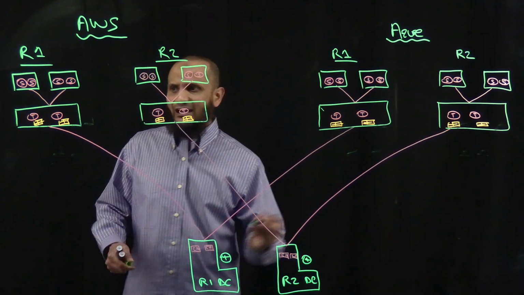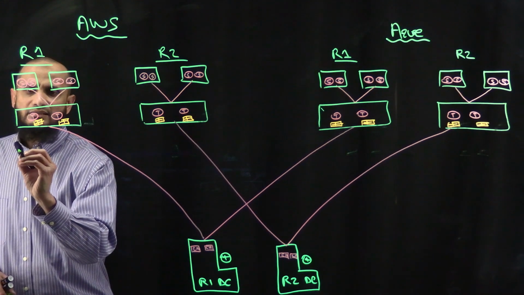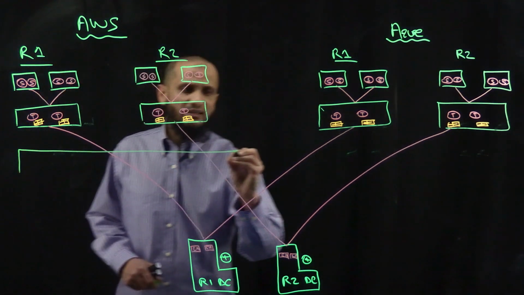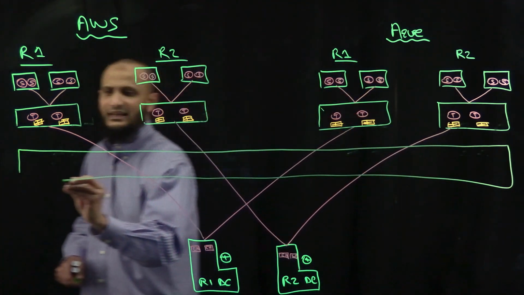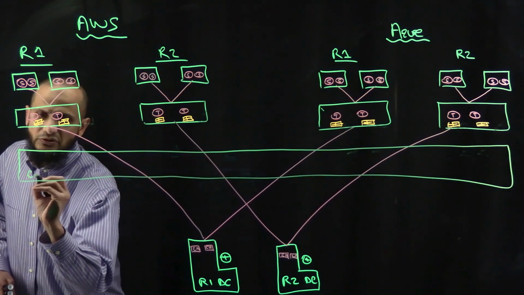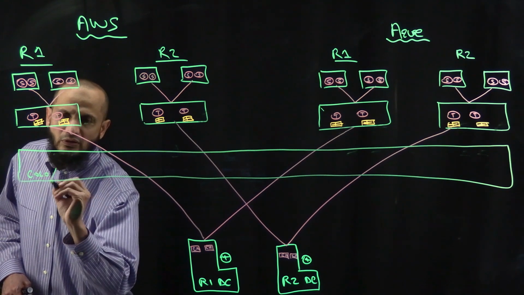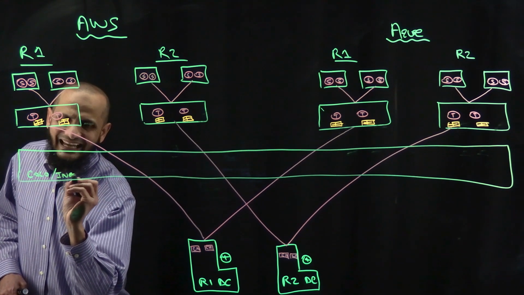Okay, now I'm going to draw this layer over here, which is basically a colo, or you can call it an internet also. So I'm going to write it down, colo, or iNet. It could be anything.